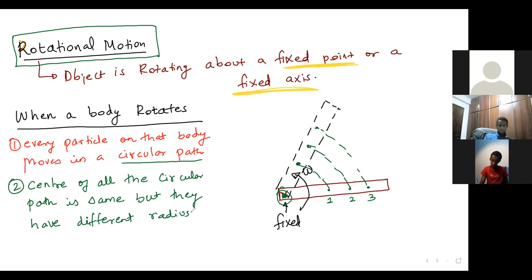I hope this clearly makes sense to all of you. So whenever an object does rotation, you will always observe this idea. You will always see this kind of conclusion. Okay? Quickly note it.